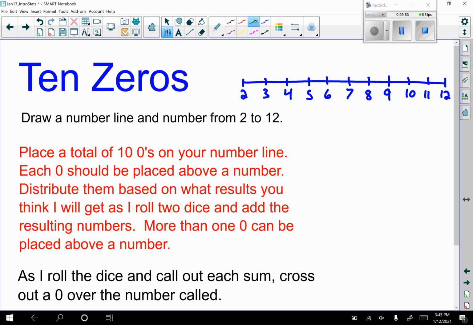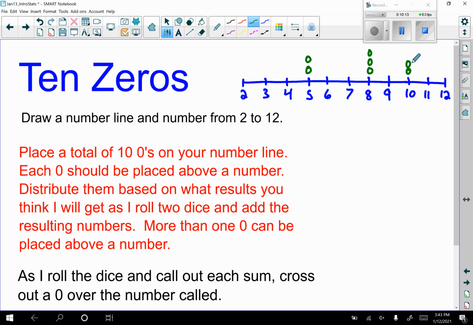For instance, if I thought the majority of the results of rolling 2 dice would come out to 5, I would put 1 zero here. Maybe I thought the second one would come out here, so I might put 4 zeros. You just line them up this way. Maybe I think I'm going to get 2 results of 10. So you would do this until you go through all 10 zeros.